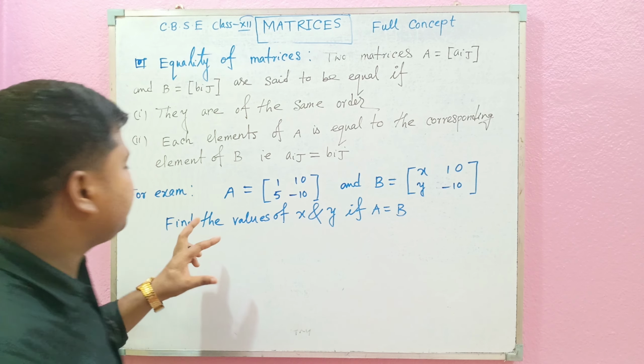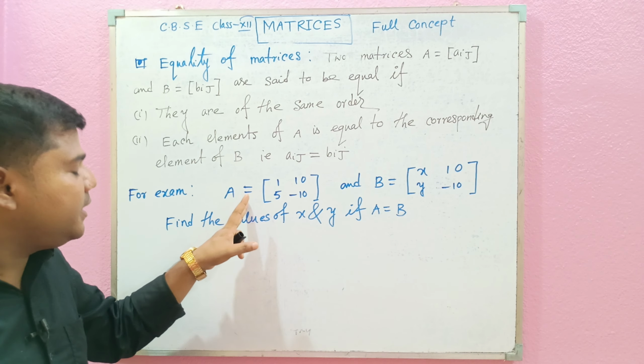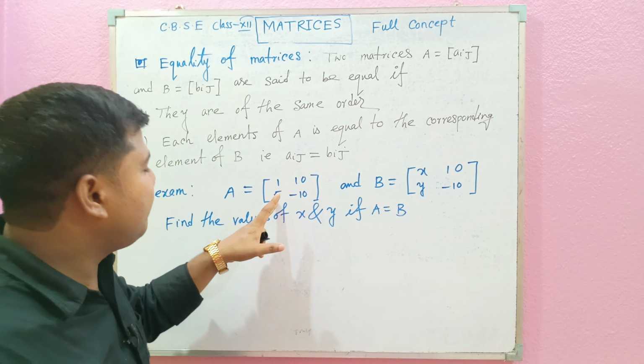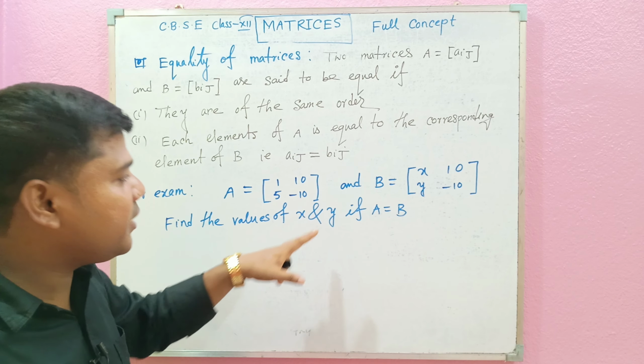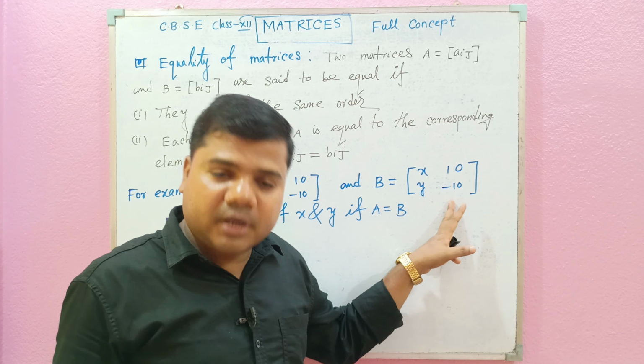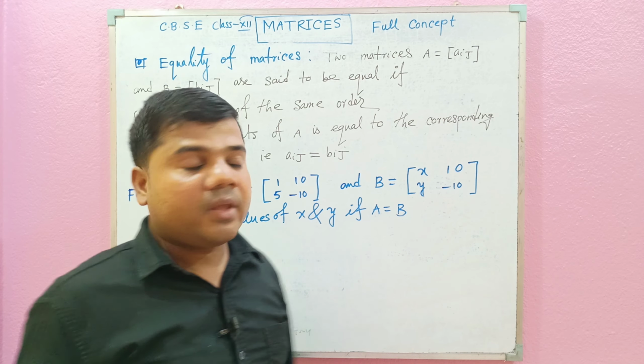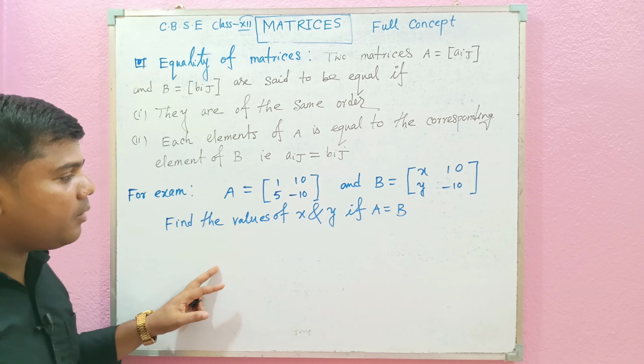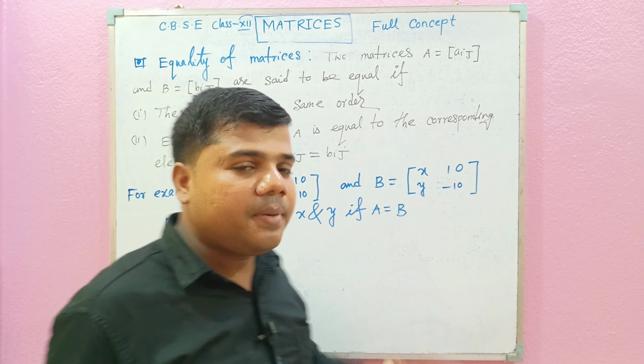For example, suppose that A is the matrix 1, 10, 5, minus 10, and B is equal to x, 10, y, minus 10, a square matrix. Find the values of x and y if A and B are equal.